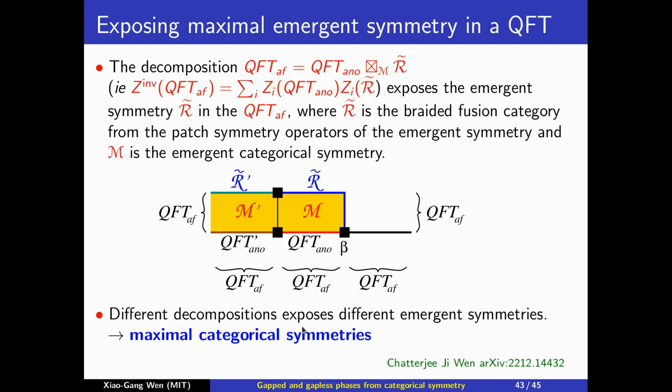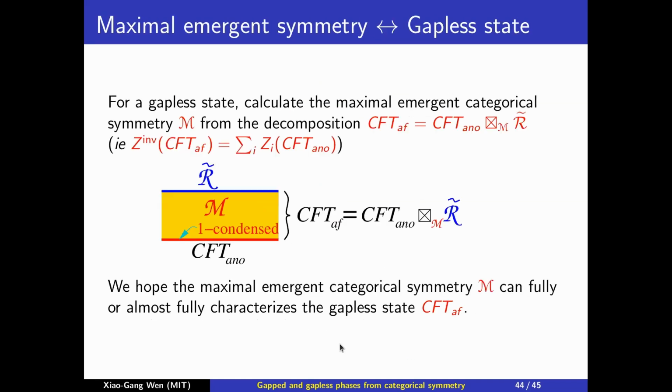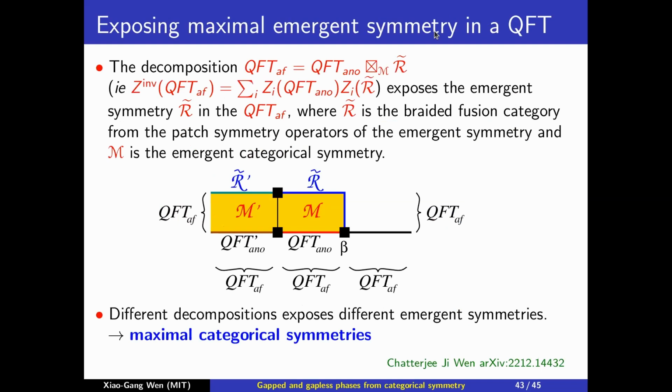The hope is that this maximum categorical symmetry may give rise to a one-to-one correspondence. So when I have a gapless state, we want to search for this maximum symmetry. When we find the maximum symmetry, then maybe the symmetry and the gapless state have a more direct correspondence. For the Ising model, the example is that the double Ising model is the maximum categorical symmetry.